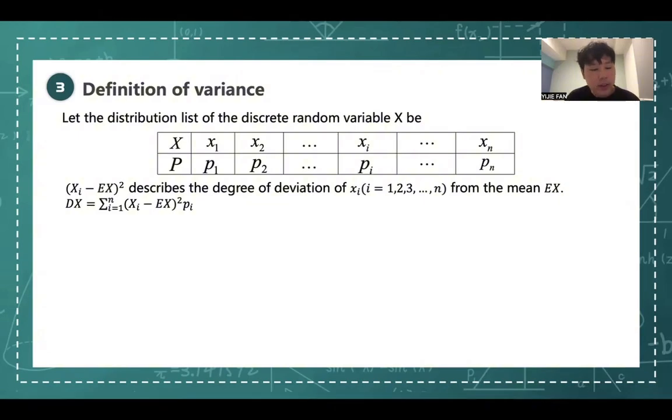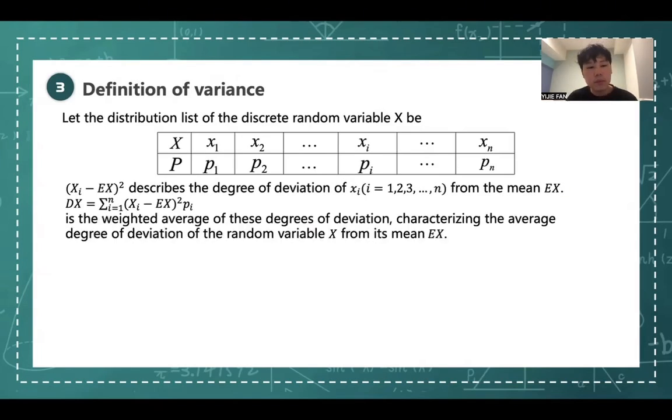So we define DX, which is equal to the sum from i equals 1 to n of the square of xi minus EX times pi. It is the weighted average of these degrees of deviation, characterizing the average degree of deviation of the random variable X from its mean EX. We call DX the variance of the random variable X.